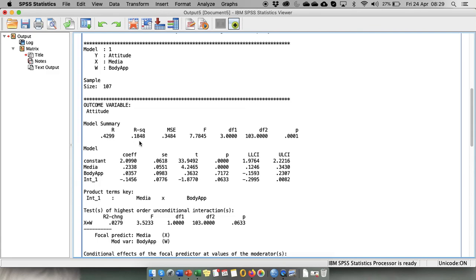So we can see that the overall model explains 18.5% of variance in the dependent variable. And the overall model is significant. But what you are interested in particular in here, so you have your main effect of media. So media has an effect on negative attitude to the advert, and here you have your standardized coefficients, so your regression beta coefficients.